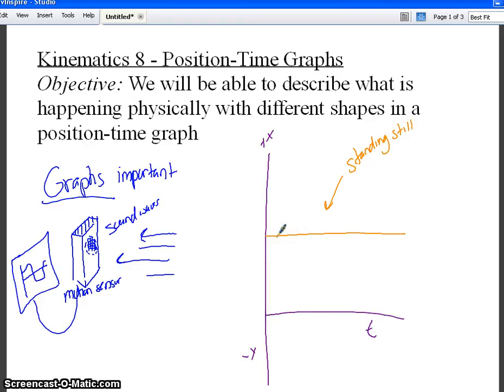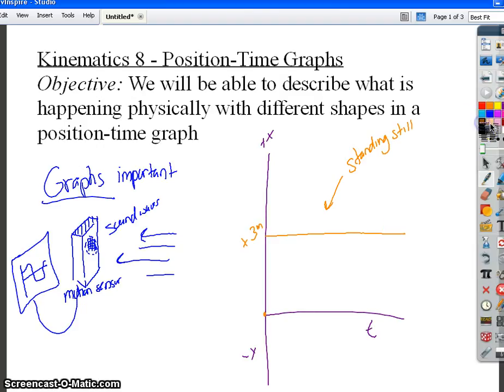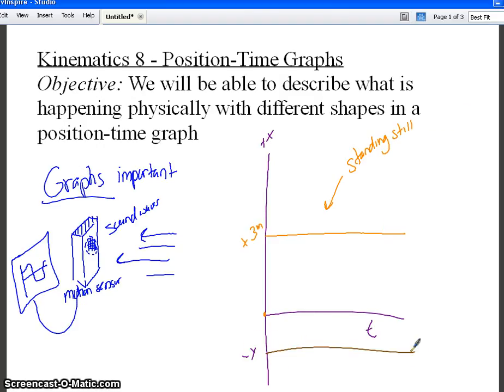So if we call this positive 3 meters, 3 meters away from our origin, the person is standing there at 3 meters away from the origin, or the ball, or the object, or whatever. If I write it down here, this object is still standing still. It's just standing still at a negative x position. So if I look at like a timeline here, if I call this 0, if I say there's a ball sitting here at 3 meters, and then over here we'll call this negative 2, a ball is sitting here at negative 2 meters.